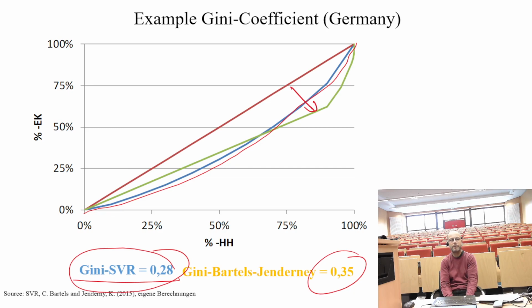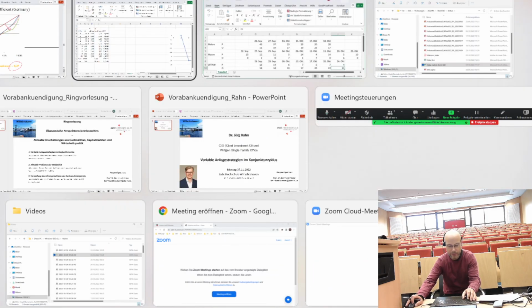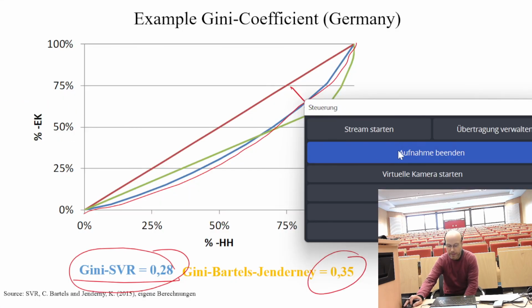And if you write afterwards a bachelor's thesis or something like this, and you want to do some quantitative analysis, then also always write some sentences about the quality of your data and what your data can say. Okay, then we have ended our topic about inequality, and the next time we will start with price statistics.